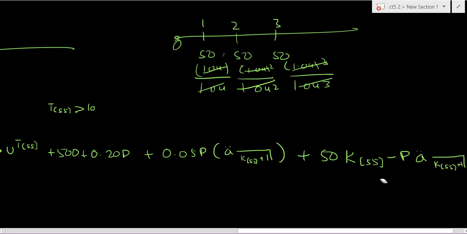Okay, so this is your amount of premium, and this is the entire structure if this person dies within the next 10 years.